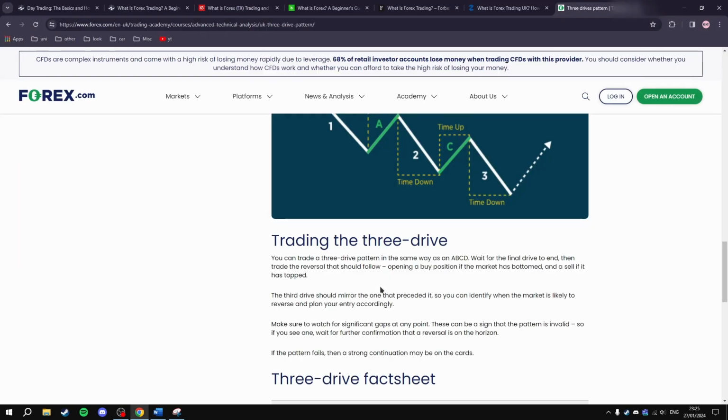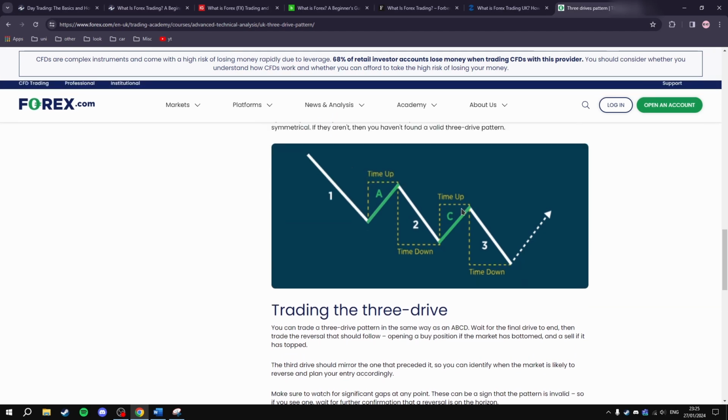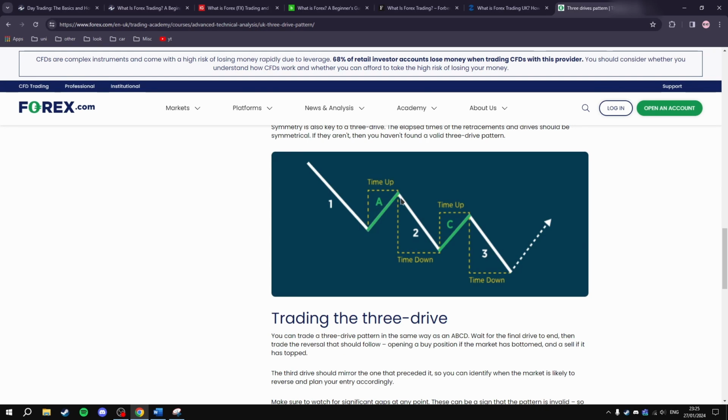The third drive should mirror the one that precedes it. So you can identify when the market is likely to reverse and plan your entry accordingly. 1, 2, 1, 2, 3.